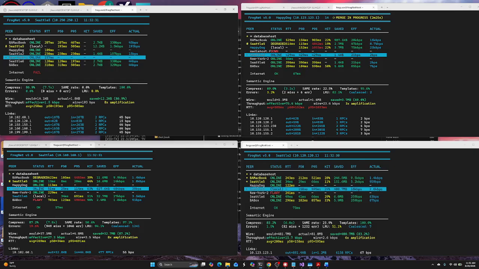And the FrogNet memory, yes, it's a database, but there's only one record. It is the current record, and the FrogNet memory floats as we move around. If this one says Seattle 5 is the database host, if I were to reboot Seattle 5, for the time that it was down, it would flip over to one of the other machines for the database host.